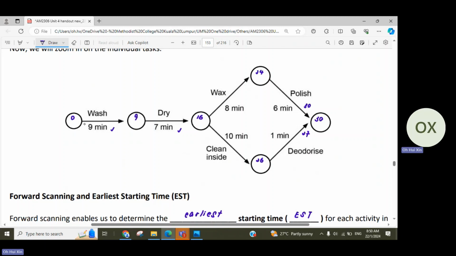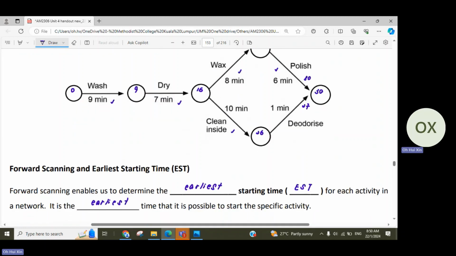So that's why this approach is called forward scanning, and the number that you are writing is called the earliest starting time. You can also say that forward scanning or earliest starting time is the way for you to identify your critical path as well, because you are doing exactly the same thing, but the way you're understanding it now becomes EST.